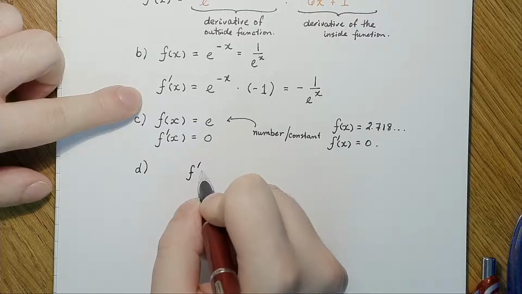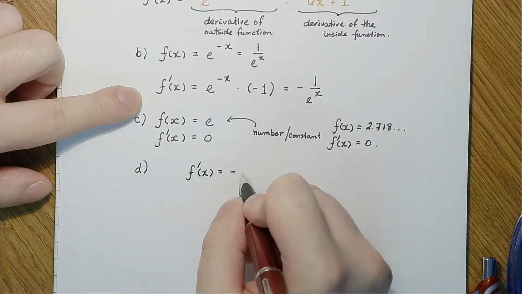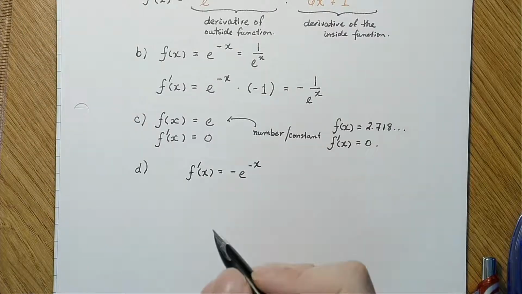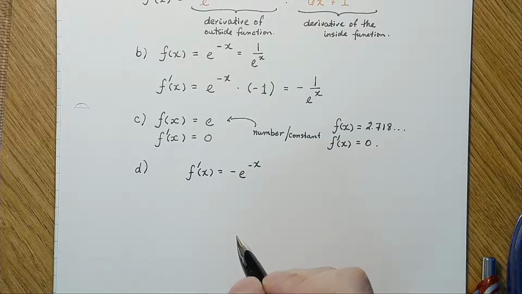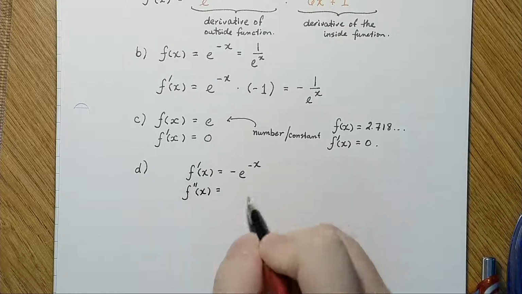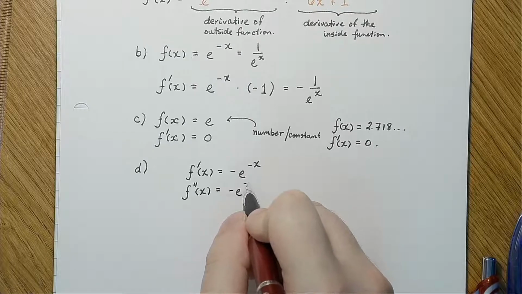The derivative is minus e to the minus x. If I took that derivative again, it would be itself, so it's minus e to the minus x.